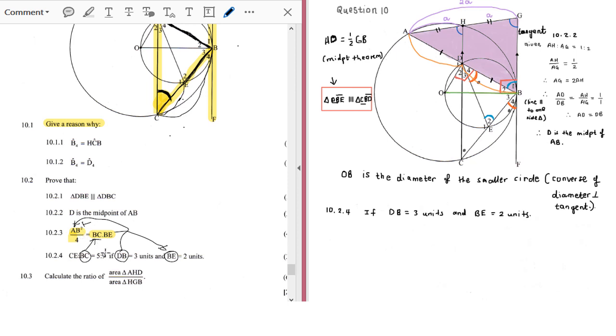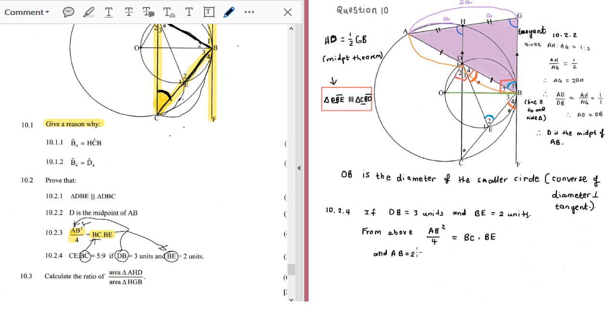If we look at what we just proved above, AB squared over 4 is equal to BC times BE, and AB is equal to twice DB.